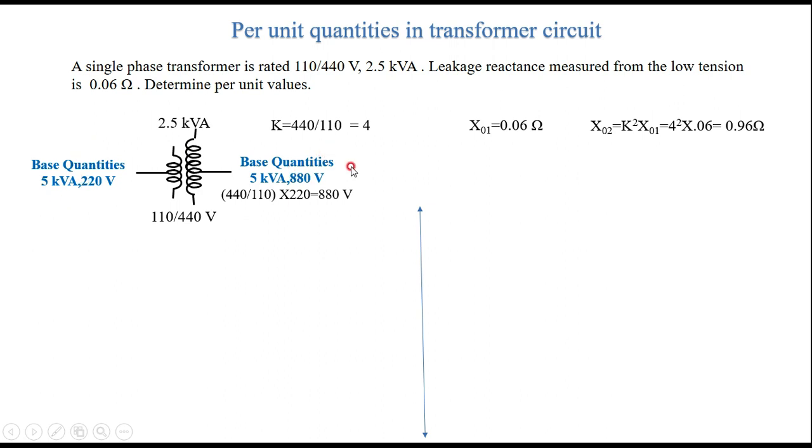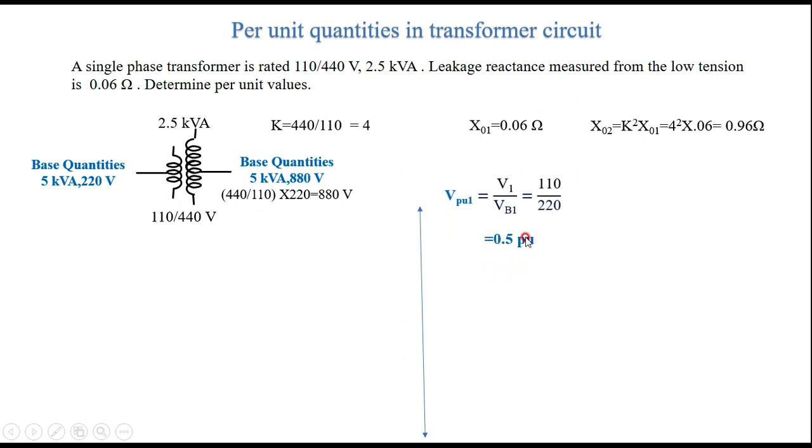Then the base kVA in the secondary side remains same. If I am transferring this voltage to here, then what I have to do is 440 divided by 110 multiplied by 220. Then what I am getting is 880 volts is the base voltage in the secondary side. Okay. I am choosing this as a base quantity in the primary. Accordingly, I am mentioning the base quantity in the secondary.